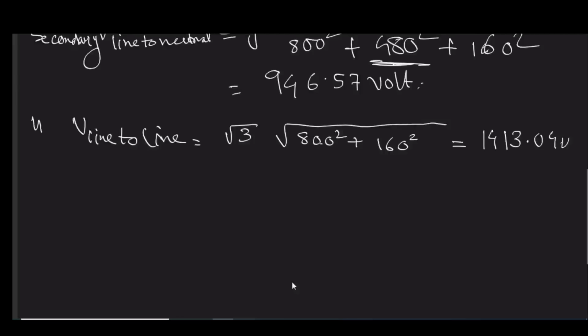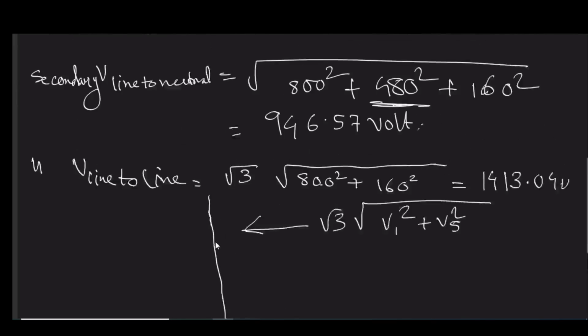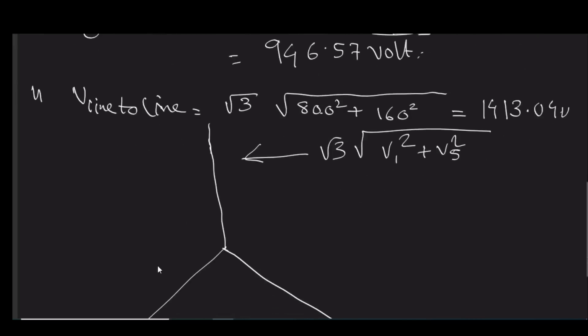So what is this 9/4? If you consider the line voltage, and if you consider this 946.57, suppose neutral is shifted in this direction, so this will be this much.